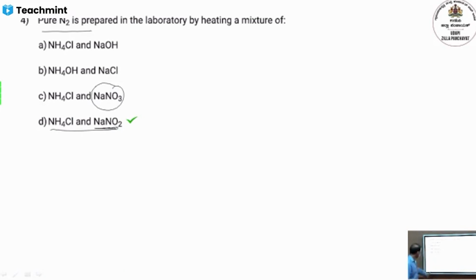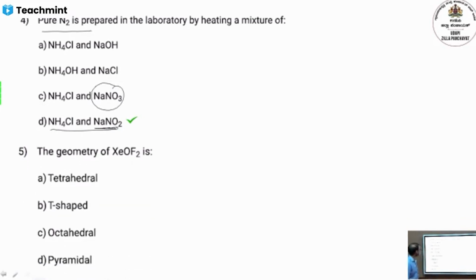And the next one is the geometry of XeOF2, xenon oxyfluoride. What is the geometry of the molecule? As I mentioned once again, the geometry of the molecule is decided by the number of pairs of electrons around the central atom.